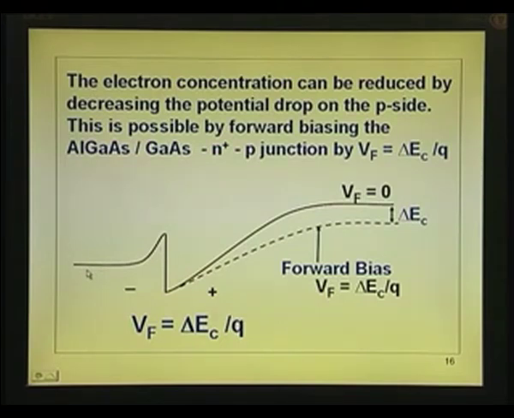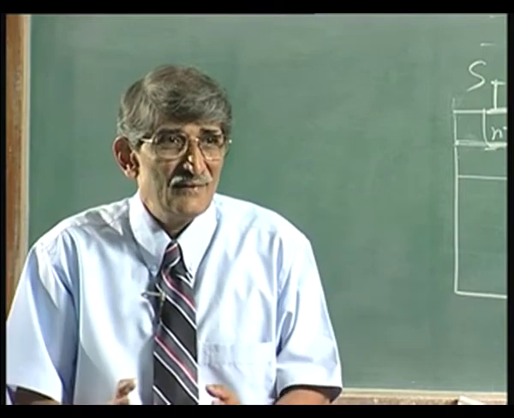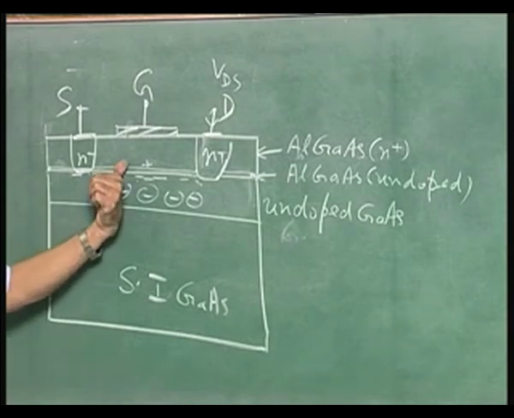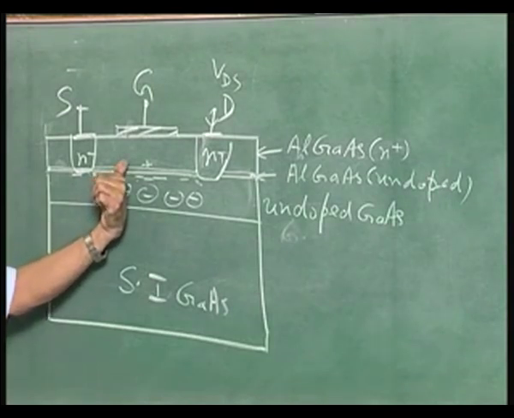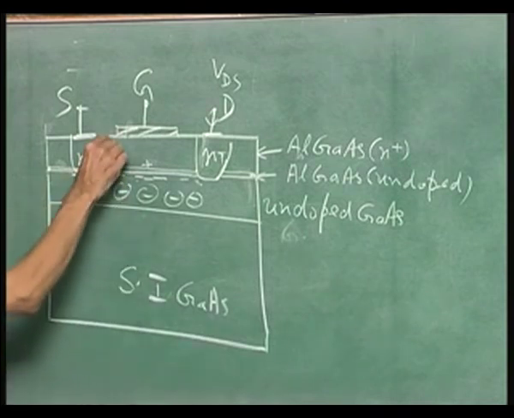If it is not depleted, you have a worry in your hand. What is the worry? Conduction will take place due to those electrons on this side here. So, when the MOSFET is operating, this entire layer must be depleted.